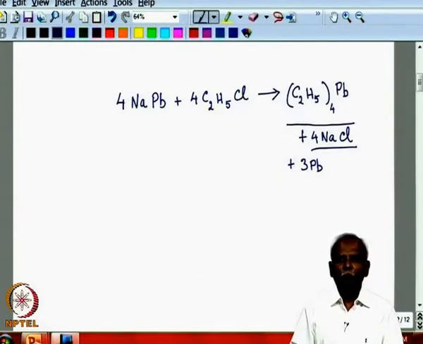This reaction goes from left to right and forms tetraethyl lead. The bond between the ethyl group and the lead itself is not as strong as in the other case, where we had magnesium and ethyl or magnesium and butyl forming a bond. But in spite of that, this reaction is driven in the forward direction because of the formation of sodium chloride, which is a very stable molecule.